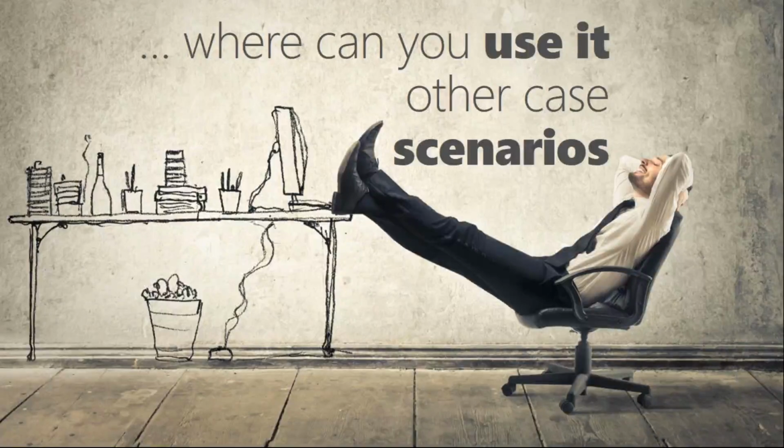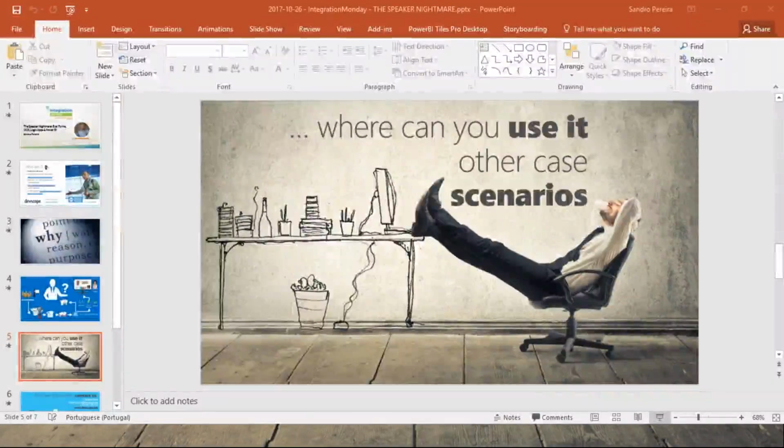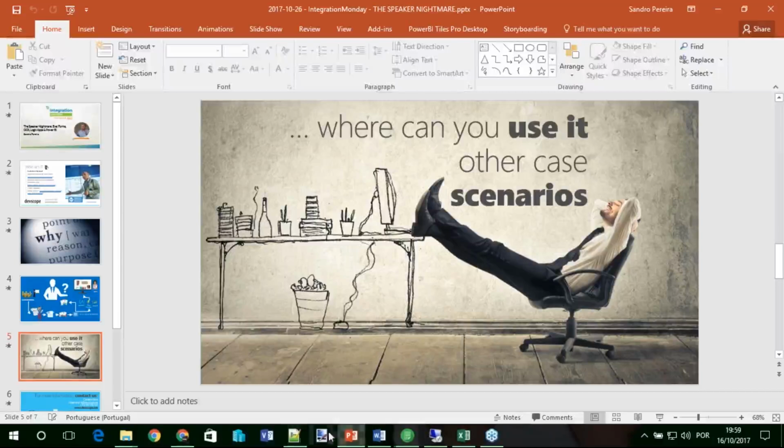But today I asked myself, I have this good scenario, how can this technology help me in other scenarios? How can I integrate paper in an enterprise environment? I have two additional scenarios that I want to show you.